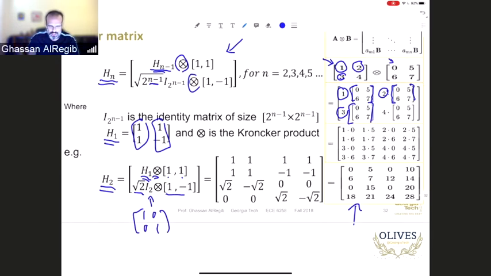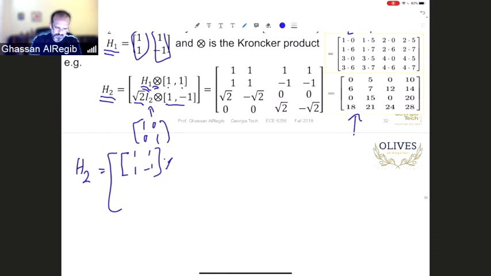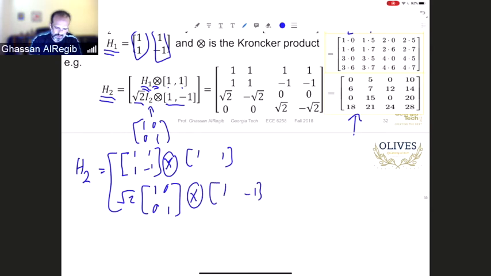So if you do that, H2 is H1, which is 1, 1, 1, negative 1, canonical product with 1 and 1, and then square root of 2 times 1, 0, 0, 1, canonical product with 1 and negative 1.